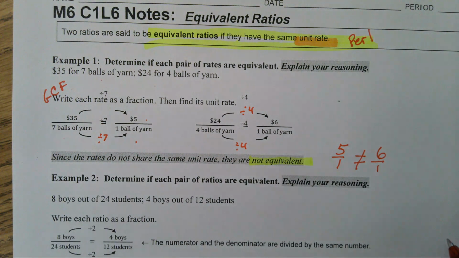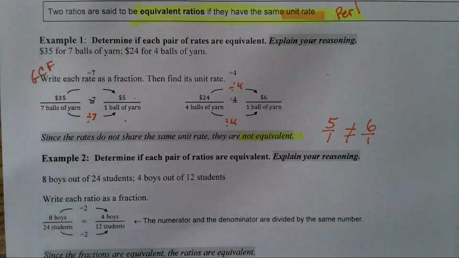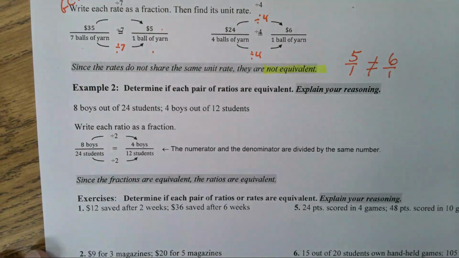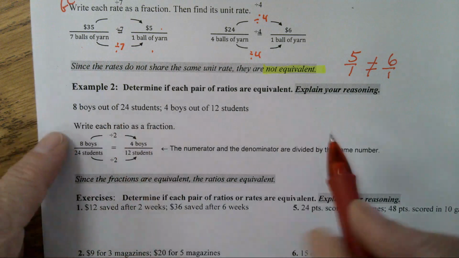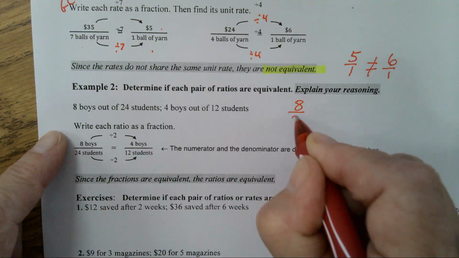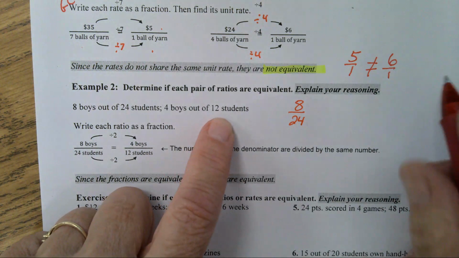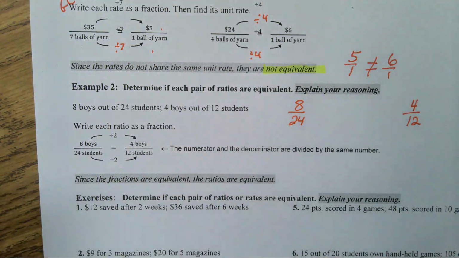Now let's go look at example 2. Determine if each pair of ratios are equivalent. Okay, 8 boys out of 24, so you would have 8 over 24, and 4 boys out of 12 students, 4 over 12. Now we're going to see if they simplify to the same thing.